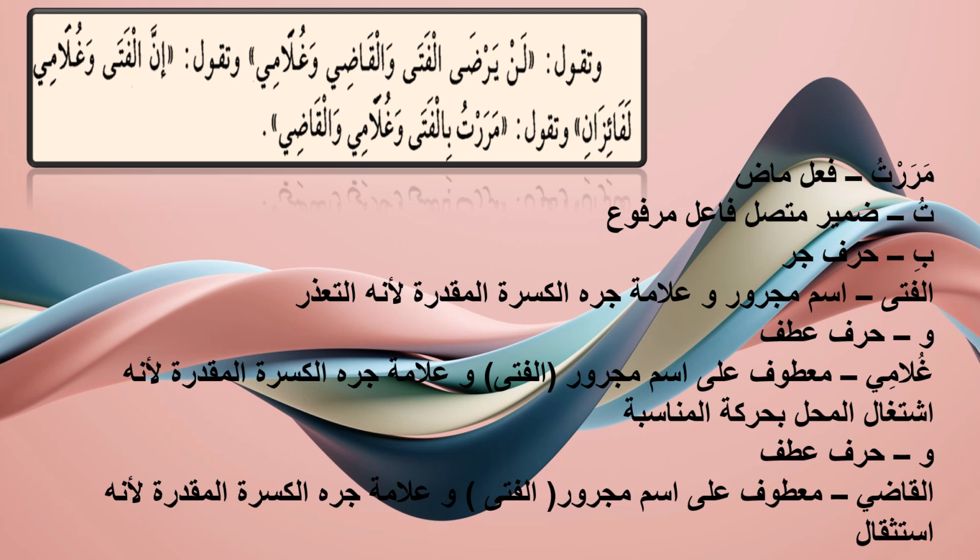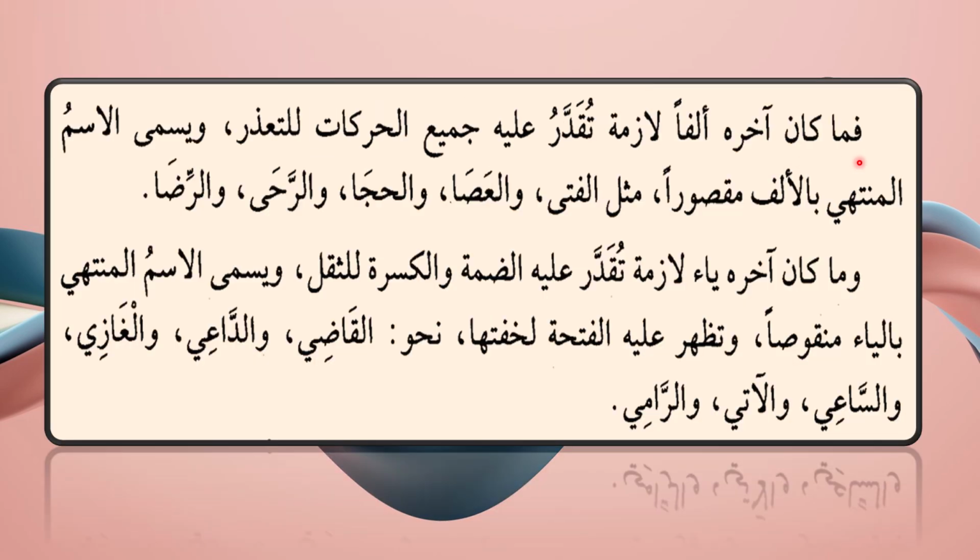this lesson. So as discussed before, now the author says, let's read out فَمَا كَانَ آخِرُ أَلِفًا. Now, if you see alif, that is the alif makhsura or the long alif, لازم تقدر عليه جميع الحركات للتعذر.